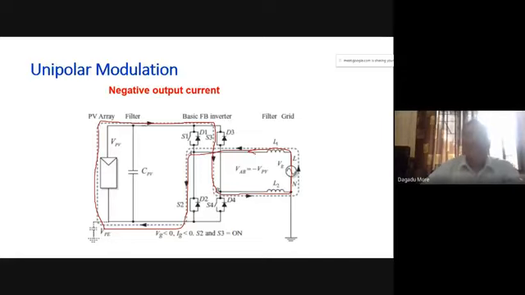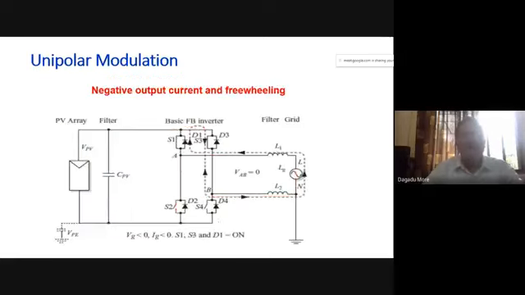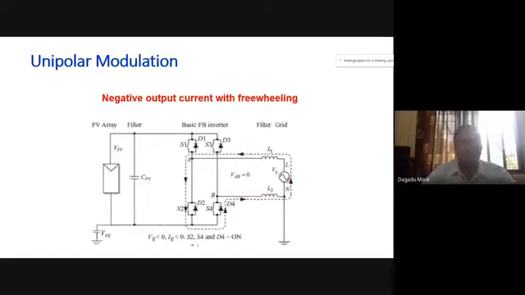This is the case when power is flowing. The other two cases are when the upper two switches are on and when the lower two are on. Whenever the upper two, S1 and S3, are on with negative current, it makes a prevailing path. This is one prevailing path, and another is the prevailing path for negative current.